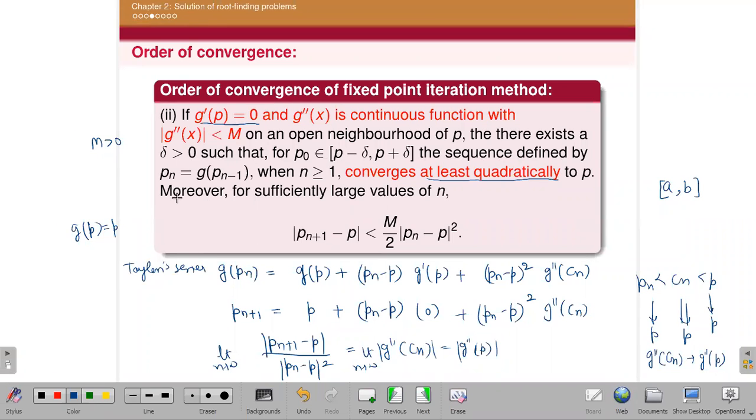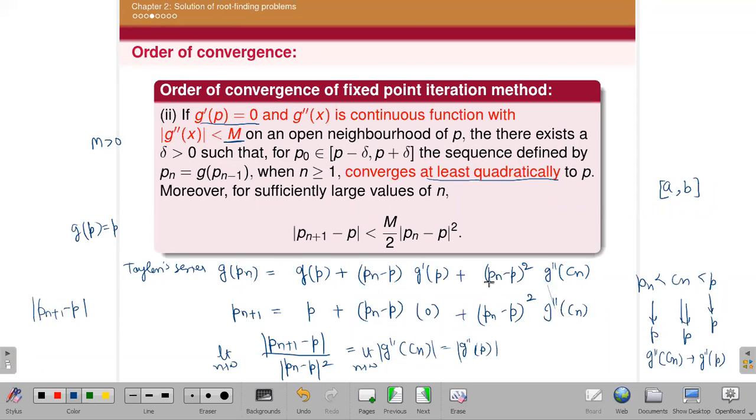So now here, moreover, for sufficiently large values of n, you have to prove this also. Means Pn plus 1 minus p is strictly less than m by 2, Pn minus p raised to power 2. So this we already got from this only, because if you take Pn plus 1 minus p on the left hand side, and then you replace this g double derivative with this m.